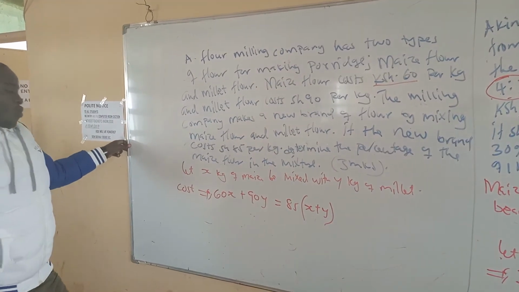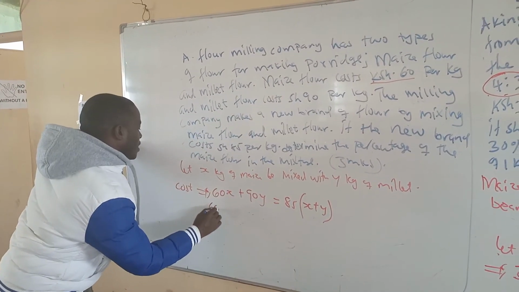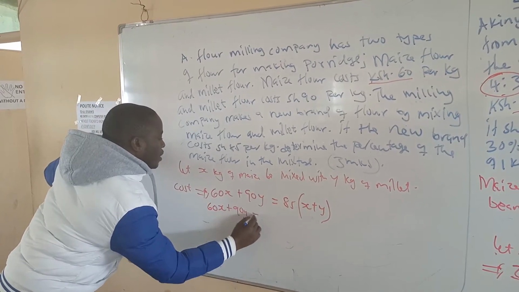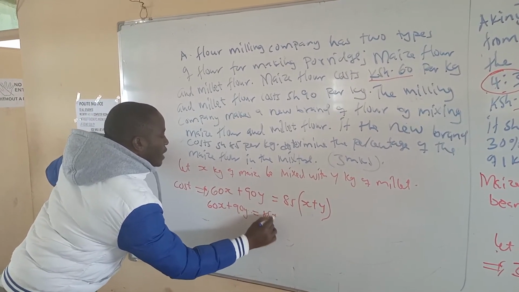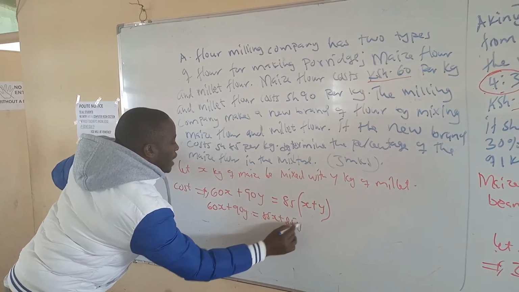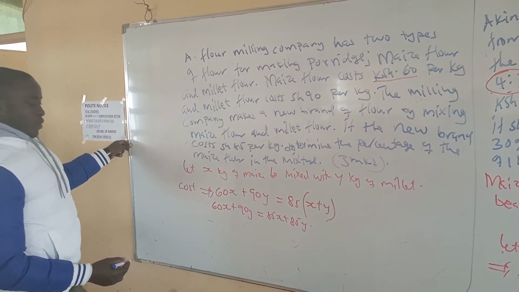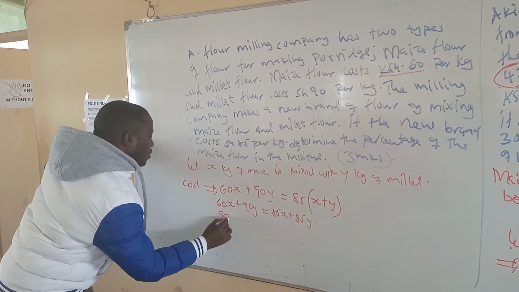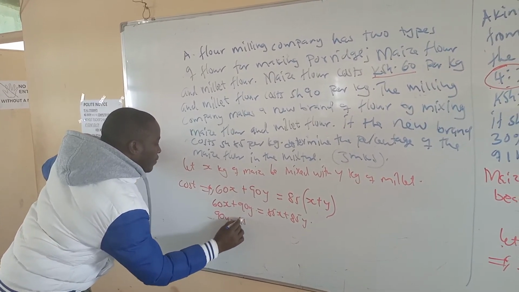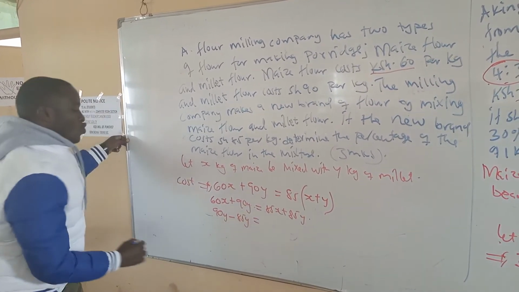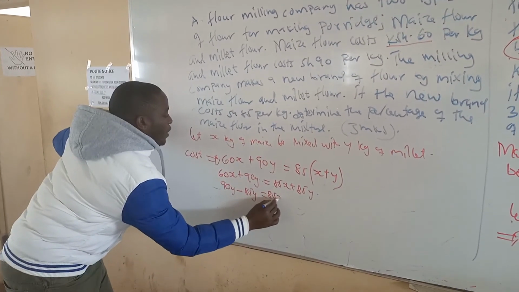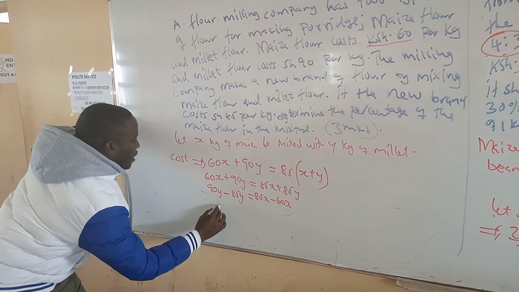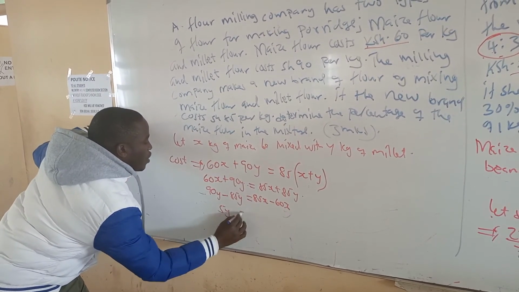So we shall have 60x plus 90y equal to 85x plus 85y. And therefore we put like terms together. If I bring the y to the left hand side, 90y minus 85y equals 85x minus 60x. So you subtract here, you get 5y equals 25x.